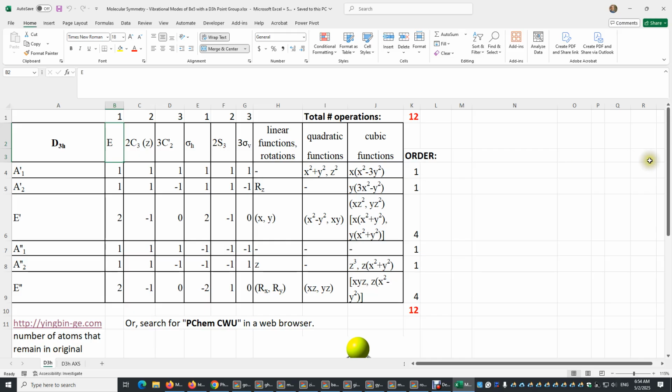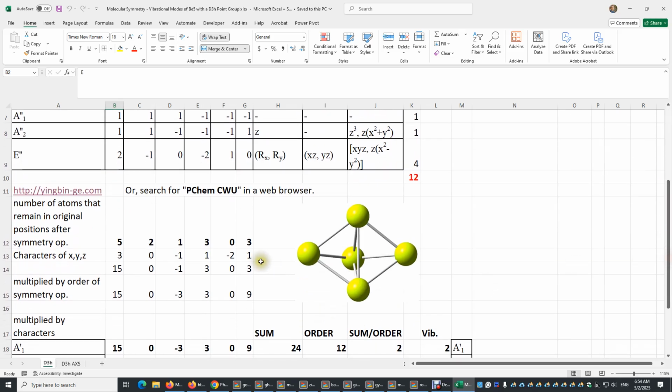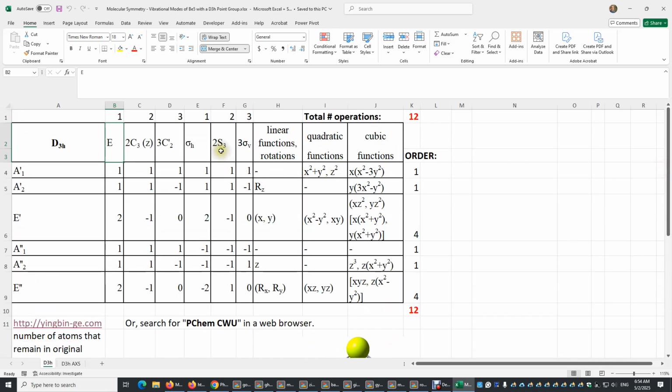Over here we can see this is the principal rotational axis. You can rotate the entire structure 120 degrees or 240 degrees, followed by a reflection with respect to the sigma h plane. So we have 2 of those, because of 120 and 240 degrees.